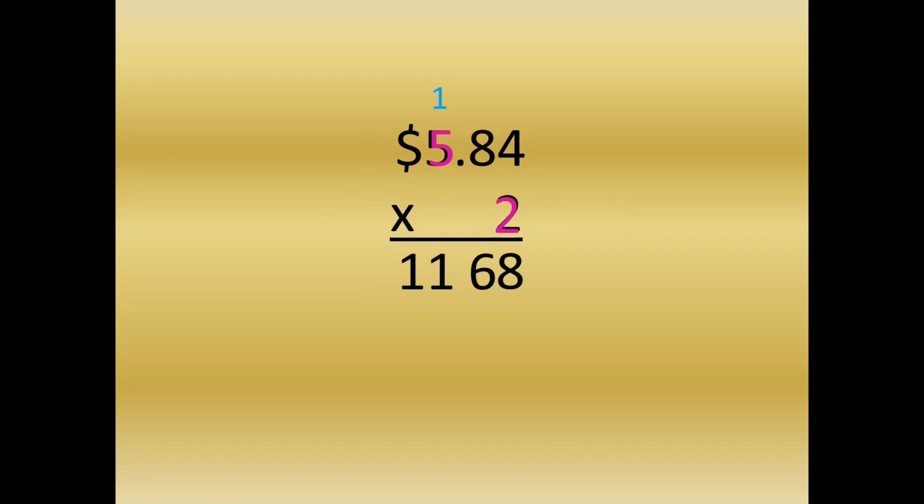Then we make sure our decimal goes in the correct spot. You can just drop it straight down, line it up with the other one, and we add our dollar sign. So it becomes $11.68. So our answer to $5.84 times 2 is $11.68.